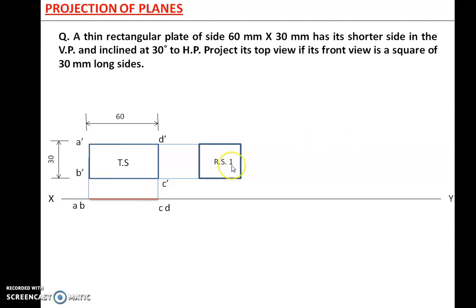This is nothing but our reduced shape number 1, so we have named it A1 dash, B1, C1, D1. Okay, now what is the next step? Once we have drawn the reduced shape here, we will try to find the inclination.